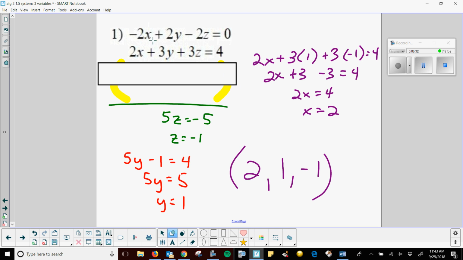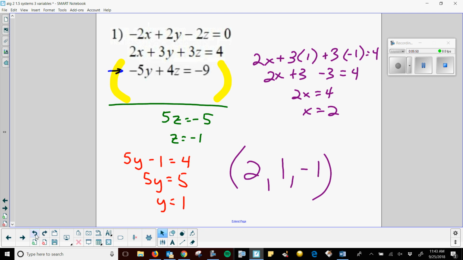Up here, I have two equations. Now, can I not combine two equations? It's what we've been doing. When I do that, does anything disappear? Well, my x's disappear. Did this have an x?